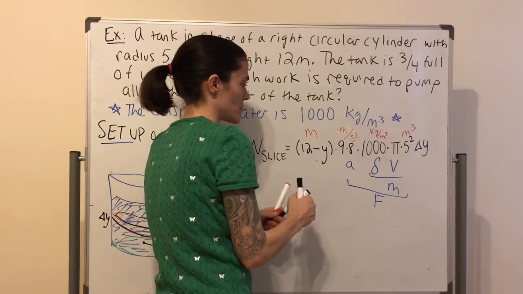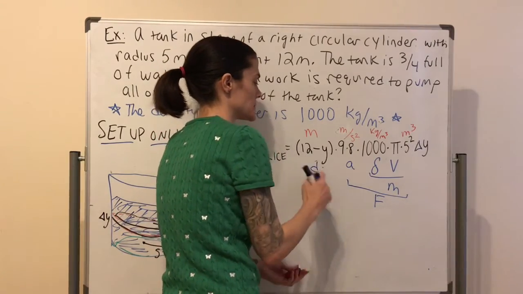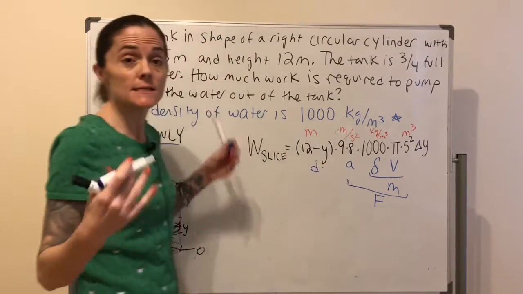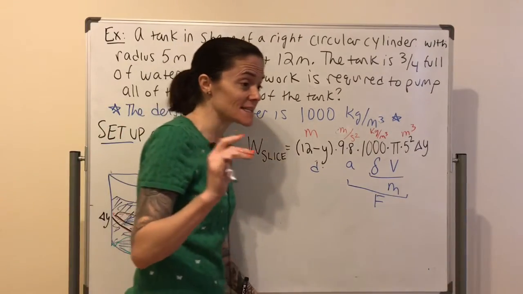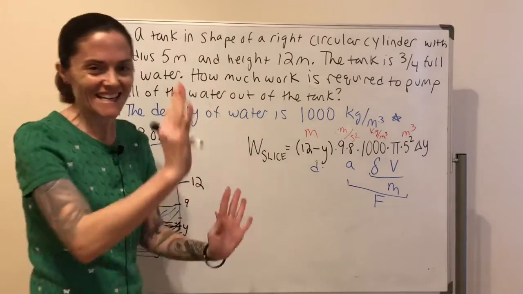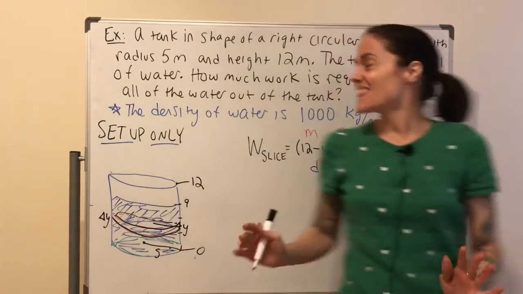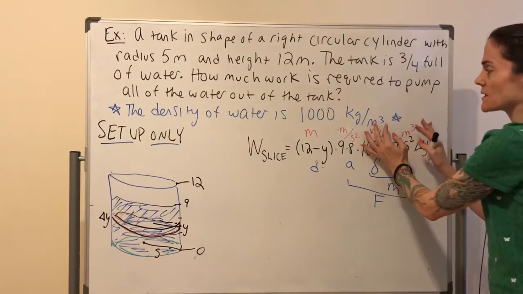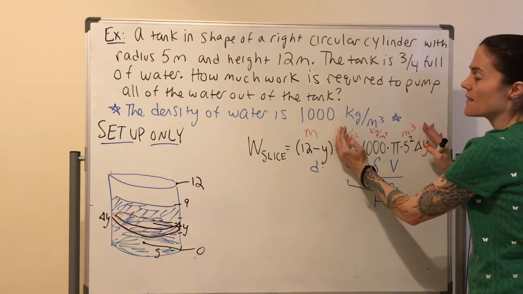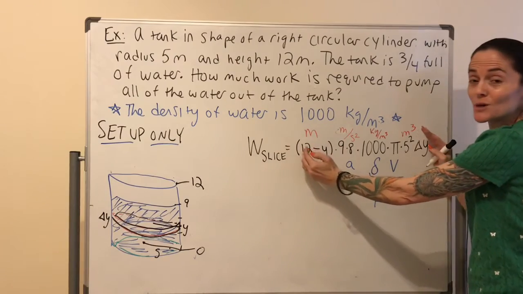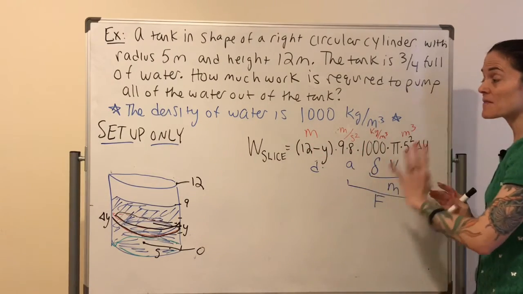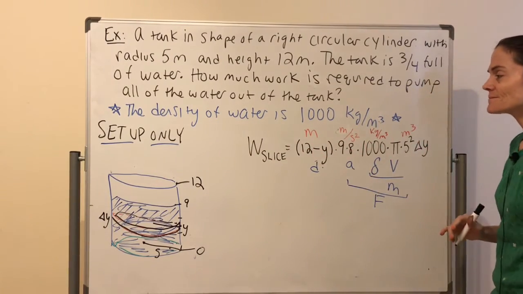Or if I write it below in blue, this is my distance, and force times distance, this is a work. Or if you check your units, which is always a good decision because we have so many quantities in here, the units, right, this is kilograms, then we add this, kilogram meters per second squared, we are newtons, then we're Newton meters, which is joules. So we have the right units here.